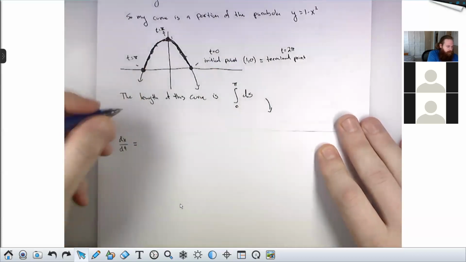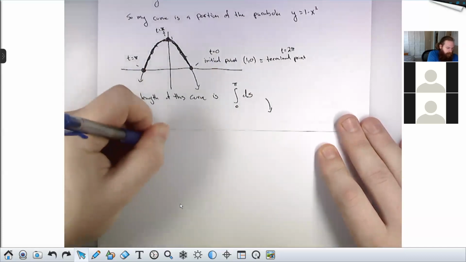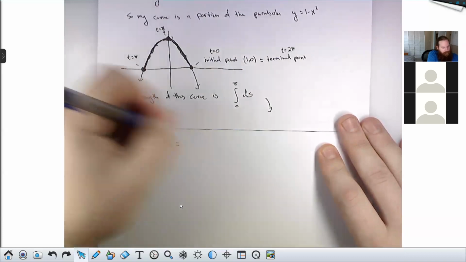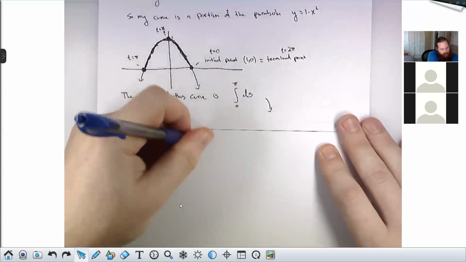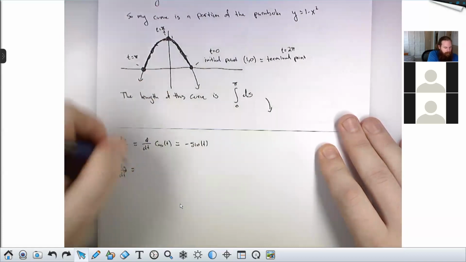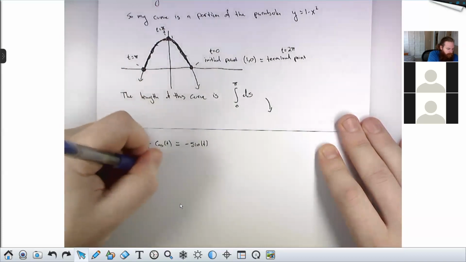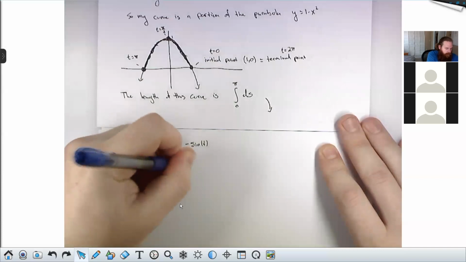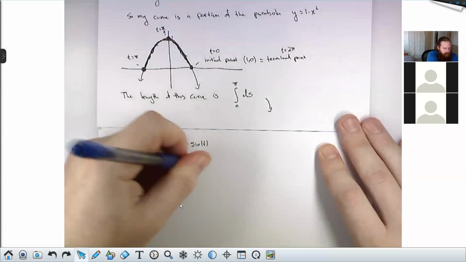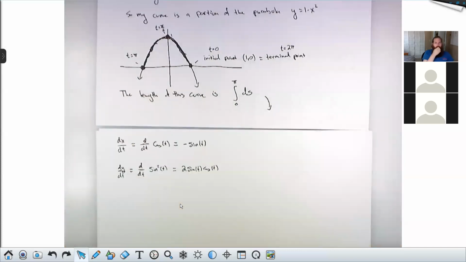To find dx dt, I differentiate cos t, and I get negative sine t. For dy dt, I differentiate the y function, which is sine squared t, and this requires the chain rule. That's 2 sine t times cos t. And then I can set up my integral.